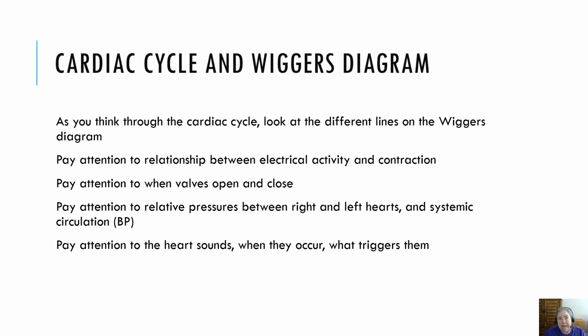Pay attention to the relationships between the relative pressures on the right side, which are lower, and the left side, which are higher, and the systemic circulation, which we call blood pressure. And then pay attention to the heart sounds, to when they occur in the cycle, and what triggers those heart sounds, which you know is valve closure. And valve closure is triggered by pressure changes. So try to put that all together.